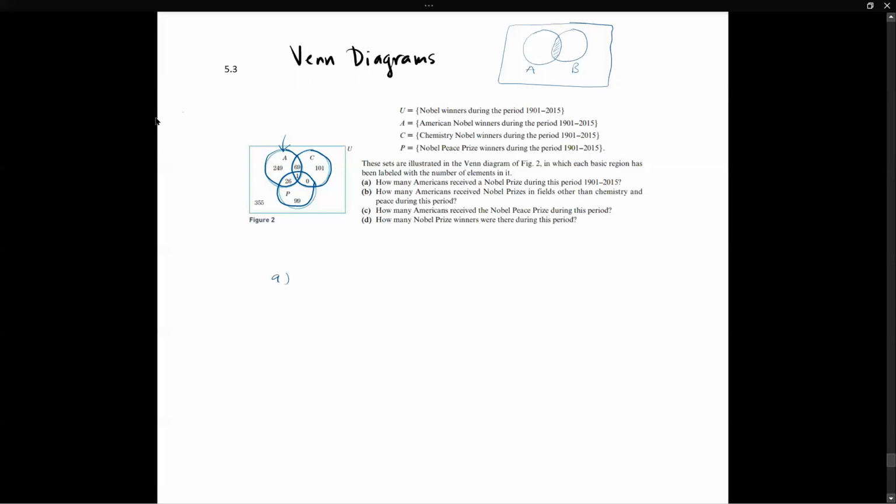For A, it's not specific to a discipline. It's how many Americans you see here. So it's going to be 249 plus 69 plus 26 plus 1, and that'll give you 345.